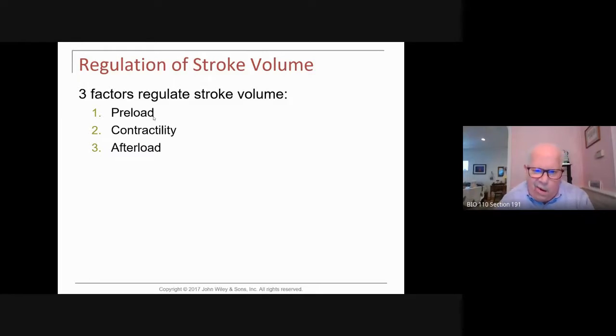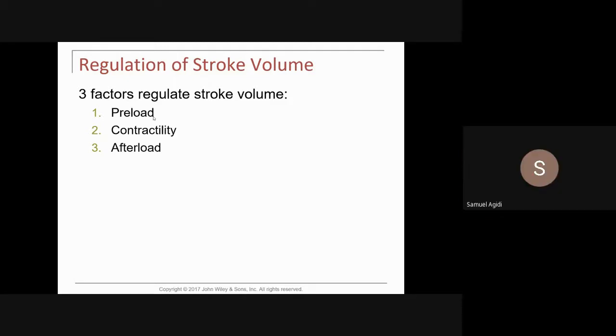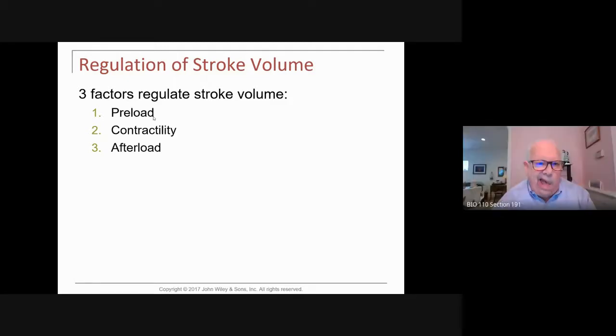You have to maintain a cardiac output. If your cardiac output is 21 and your stroke volume drops, what happens to your heart rate? It's got to go up to make 21, right?